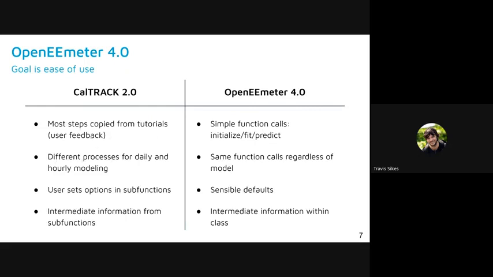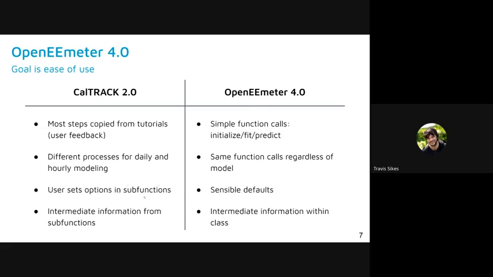Now, using these same tutorials, there are different processes for daily and hourly modeling. Whereas in this new architecture, it would still be the same exact function call regardless of what the model is. In Caltrack 2.0 or OpenEEmeter 3.0, the user sets the options in the sub-functions.